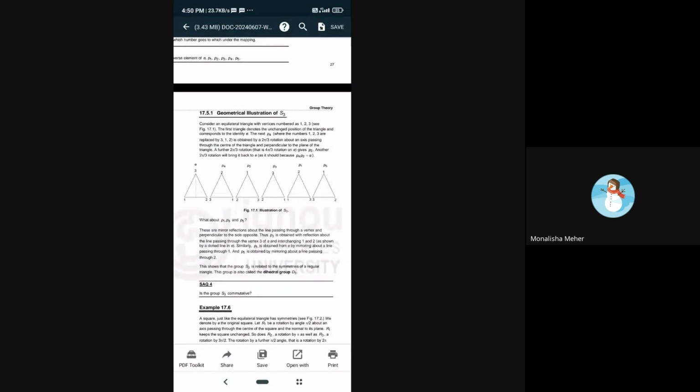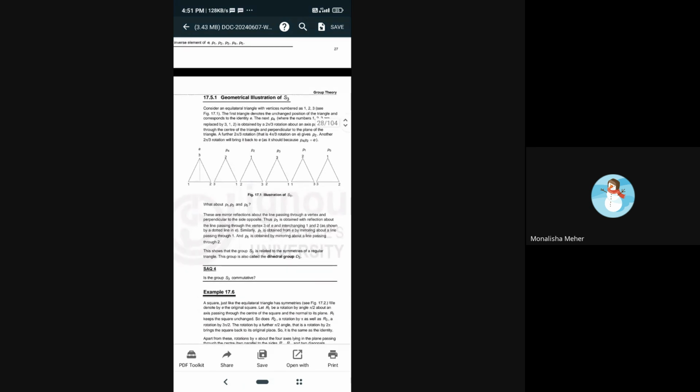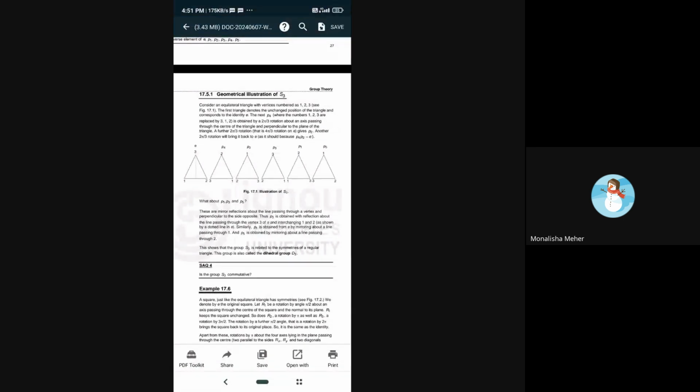The next, P4, where the numbers 1, 2, 3 are replaced by 3, 1, 2, is obtained by a 2π/3 rotation about an axis passing through the center of the triangle and perpendicular to its plane. Further rotating by 2π/3, that is 4π/3 in total, gives P2. Another 2π/3 rotation will bring it back to e, as illustrated in figure 17.1.